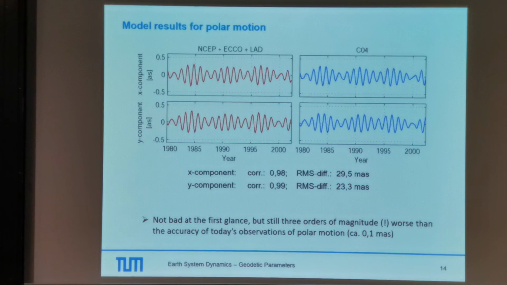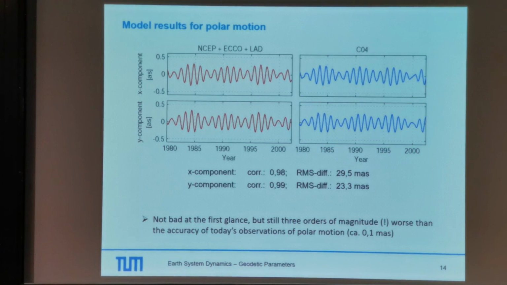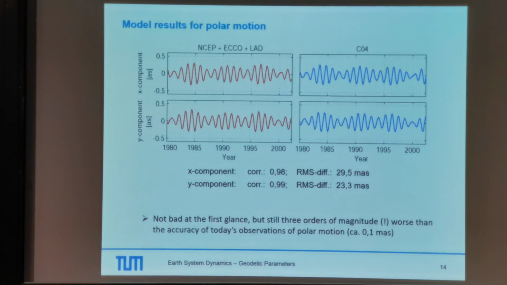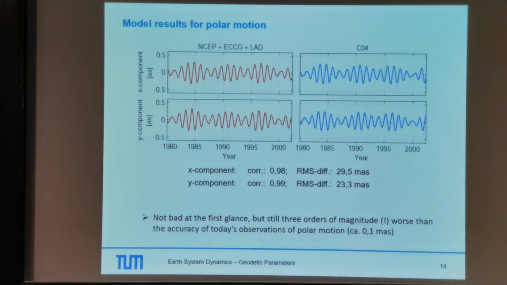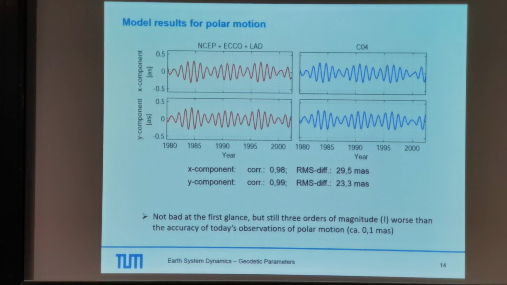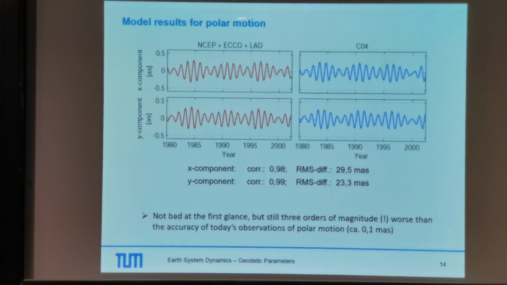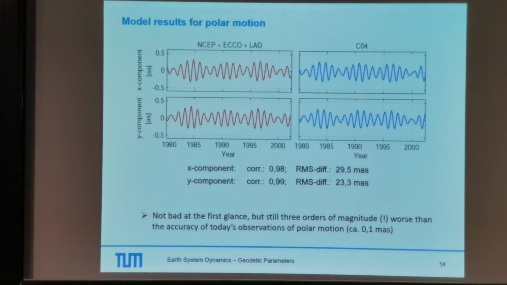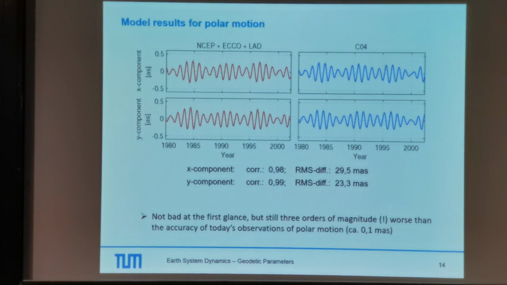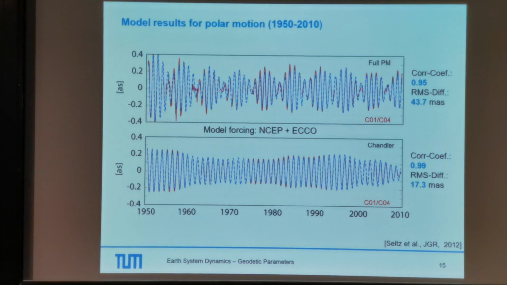So you see three orders of magnitude worse than we can currently perform on the observation side. In fact, the polar motion values derived from the models are still much too inaccurate compared to the observation accuracy we have nowadays.